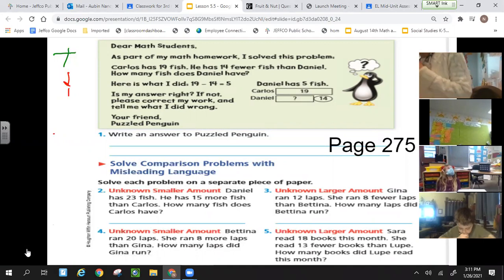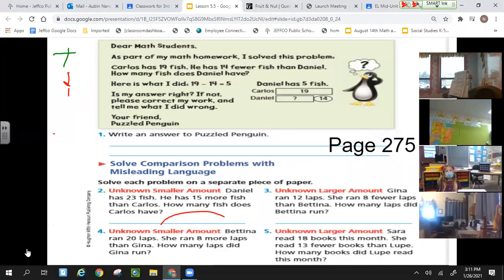If she ran 8 more laps than Gina, we know Bettina is the big number in our comparison bar. So if that's 20, and that is 8 more than Gina, I still want to know what Gina ran.